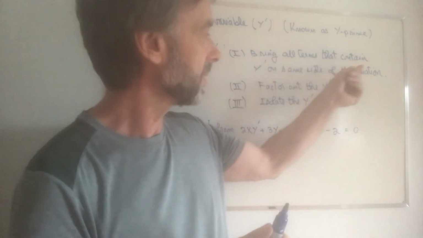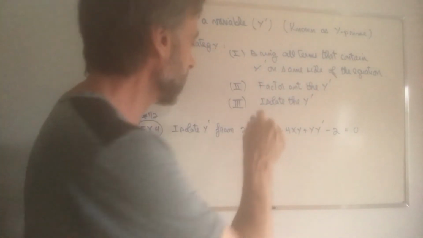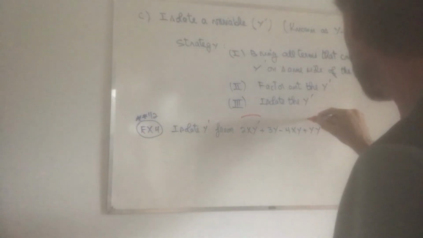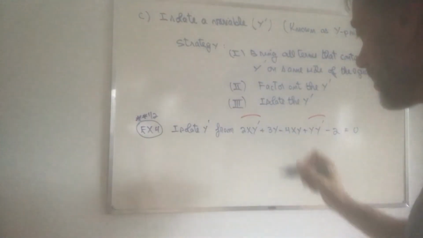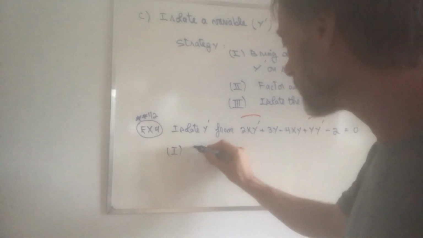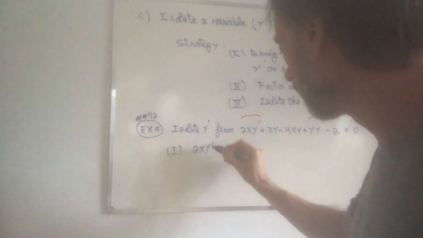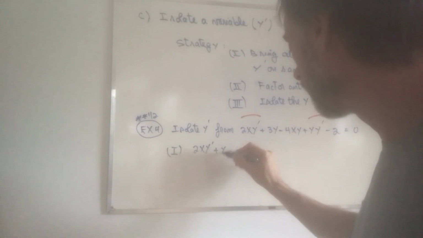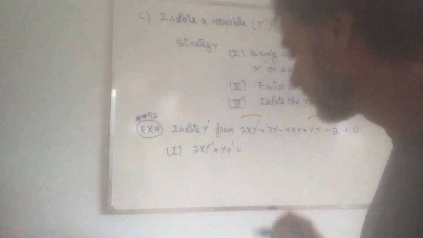Bring all terms that contain the y prime on the same side. You have a y prime. You have a y prime. So those two are going to be on the same side. Why don't we leave them, step one, why don't we leave those two on the same side? So 2xy prime plus y prime equals 2.